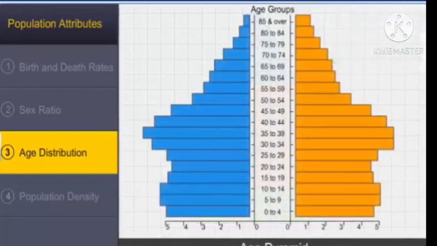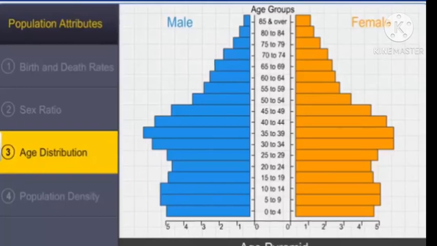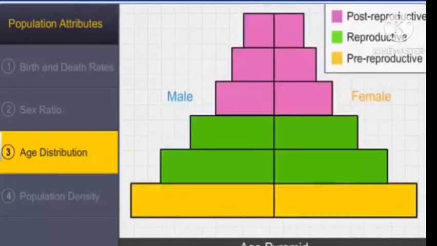In the human population, the age pyramid shows the age distribution of males and females in the same diagram. In fact, the shape of the age pyramid reflects the growth status of the population and indicates whether the population is growing, stable, or declining.